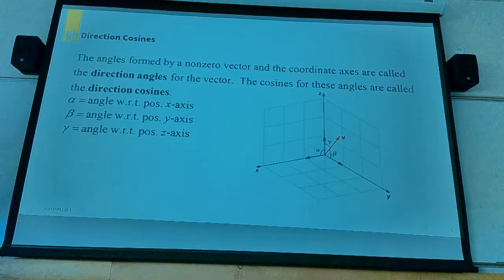We'll look at the equations in an example problem.